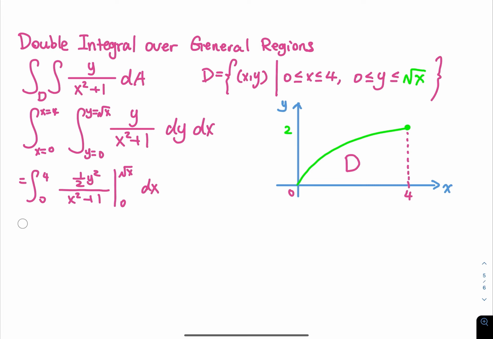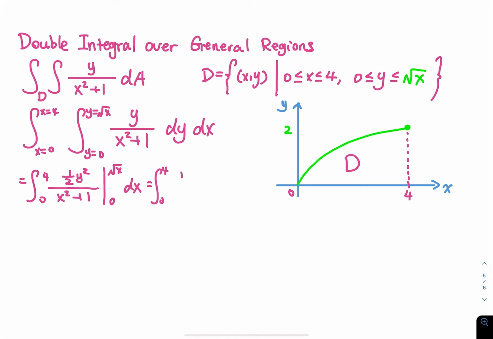So that is equal to, from 0 to 4, plugging in square root of x into y squared, I have 1/2 x divided by x squared plus 1, and then minus 1/2 times 0 divided by x squared plus 1, and then we have a dx.